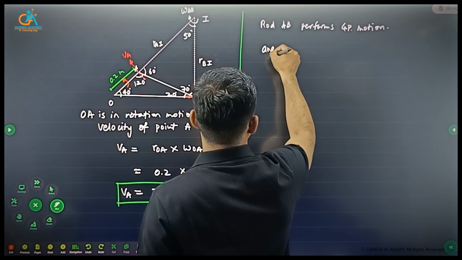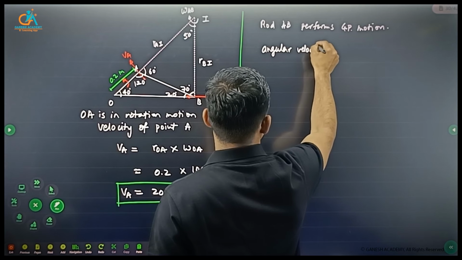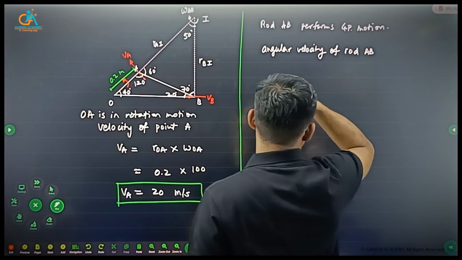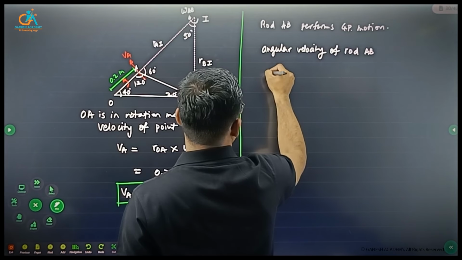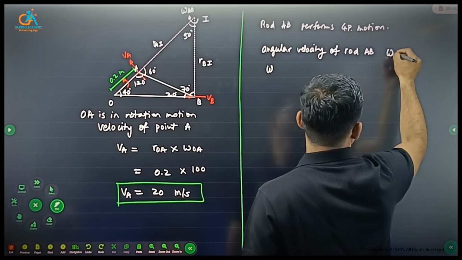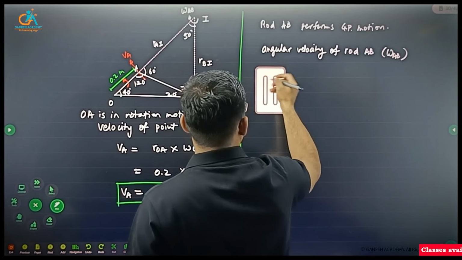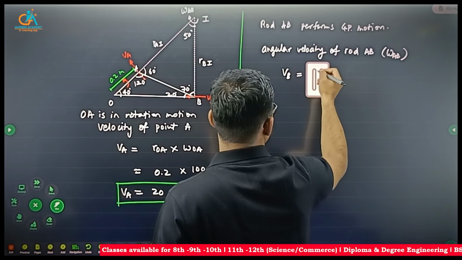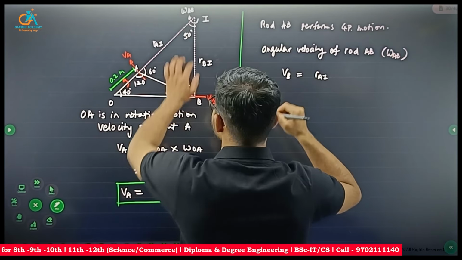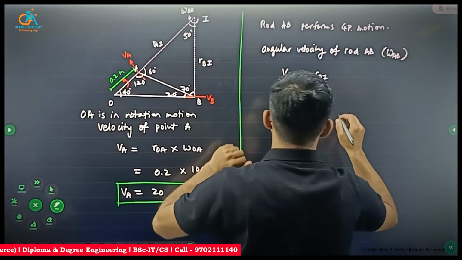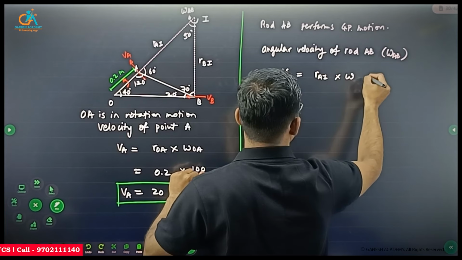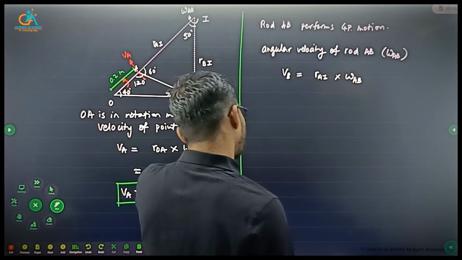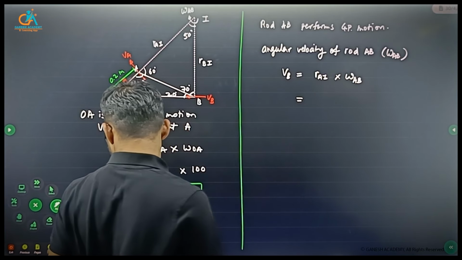So omega AB we need to find, and we can use the relation VB is equal to RAI into angular velocity of rod AB, where I is the instantaneous center of rotation for AB rod.